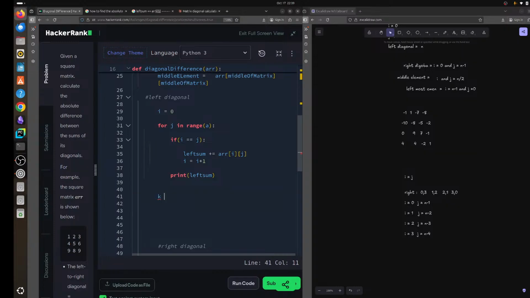Let's consider k equals to n, a minus 1, a minus 1.